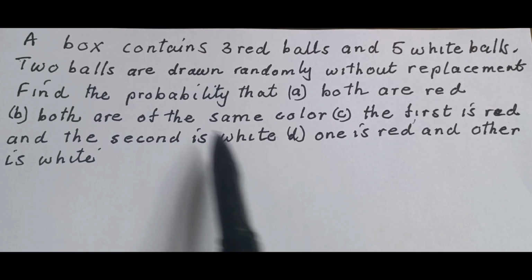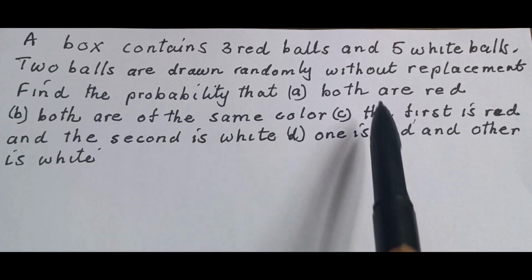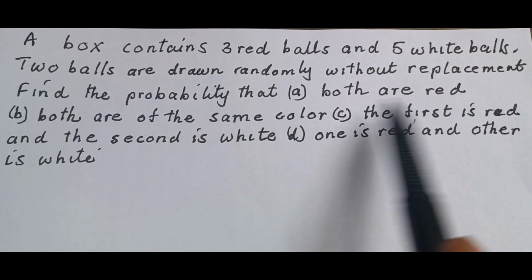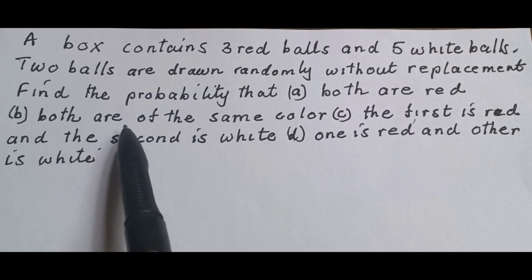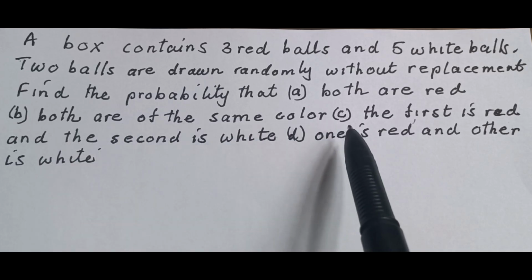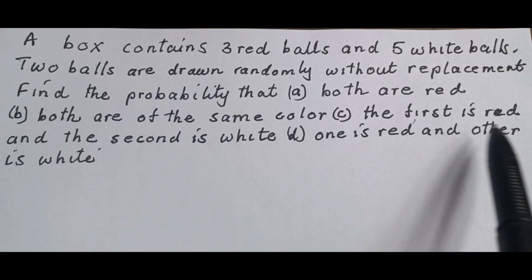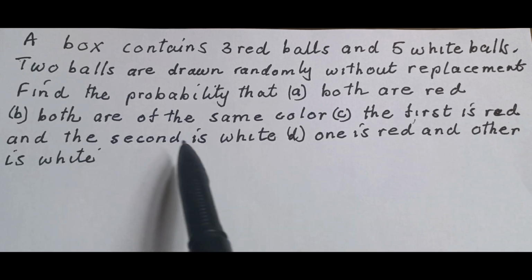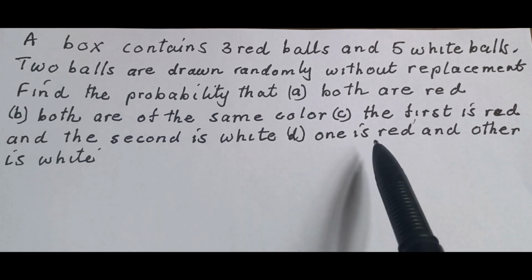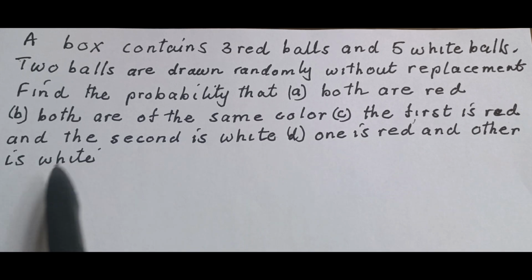So we're told to find the probability that A, both are red, B, both are of the same color, C, the first is red and the second is white, and D, one is red and the other is white.